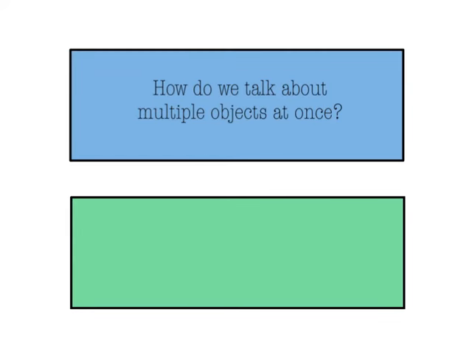So our question today was, how do we talk about multiple objects at once? And before you do this, I'm just going to warn you, there's one more slide that has a little bit of homework on it. Super easy, just to make sure we understand. Okay, so don't stop now. But what we're going to do is fill in the answer to how do we talk about multiple objects at once. We had a couple rules, right?